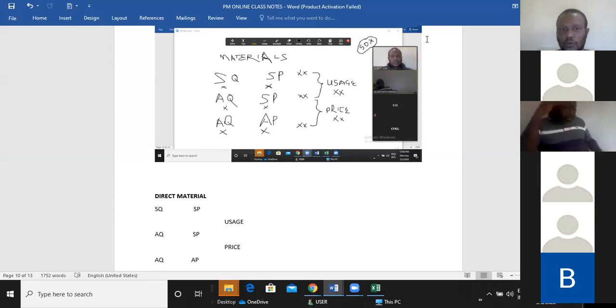Before you go on, the standard way that variance questions are set: the first financial information will usually be the standard, at the top of the question. Somewhere in the middle, they will give you the budget.